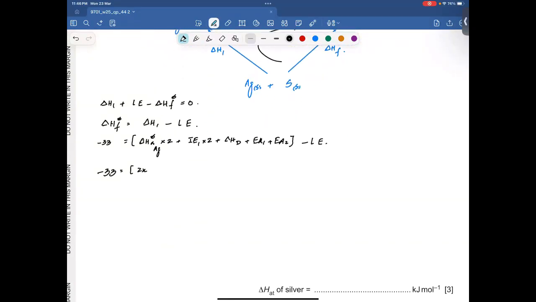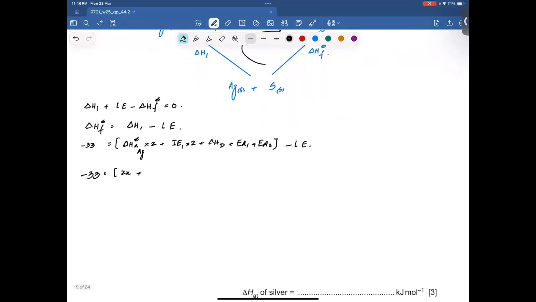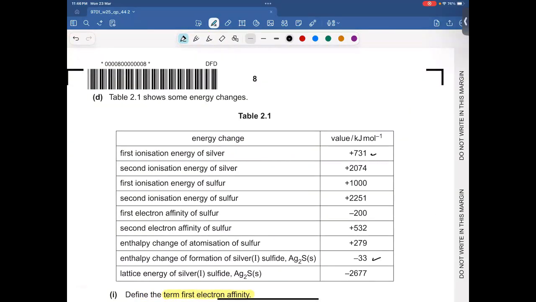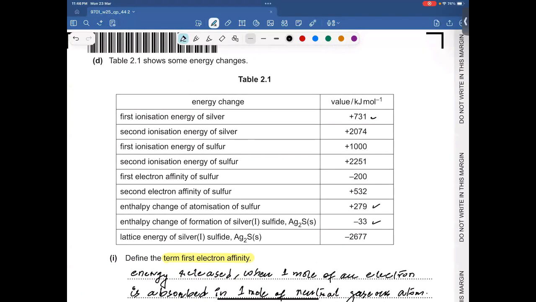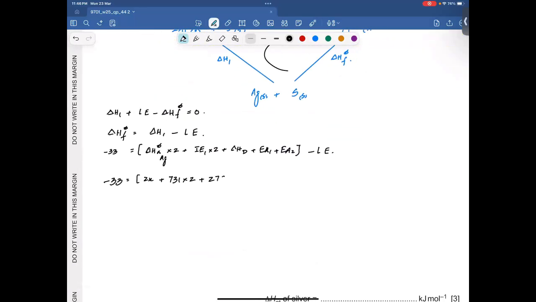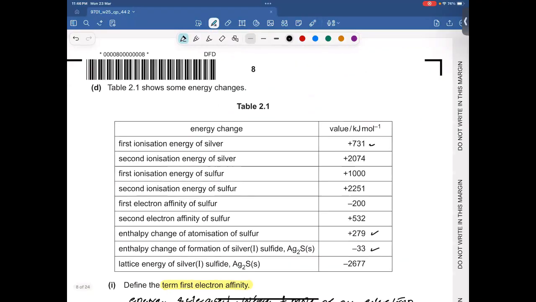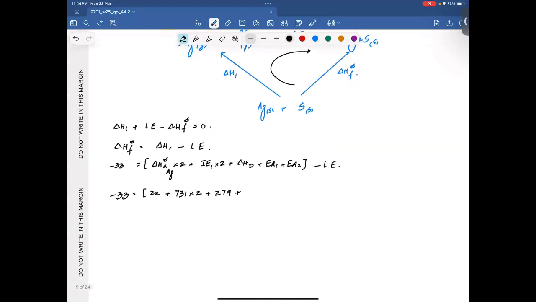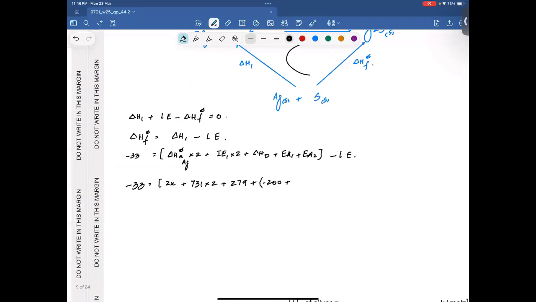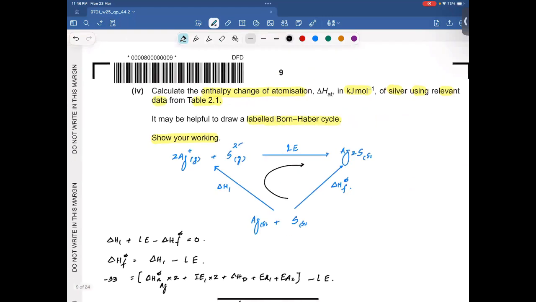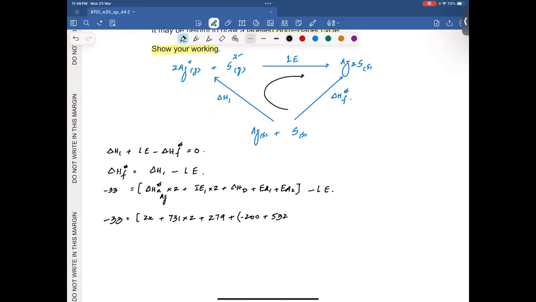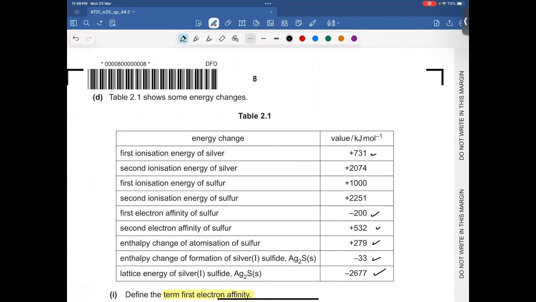So it must be 2x plus first ionization energy of silver, plus 731 into 2, plus atomization of sulfur, plus 279, plus first electron affinity of sulfur, minus 200, plus second electron affinity of sulfur, plus 532, minus lattice energy of silver sulfide, minus 2677.